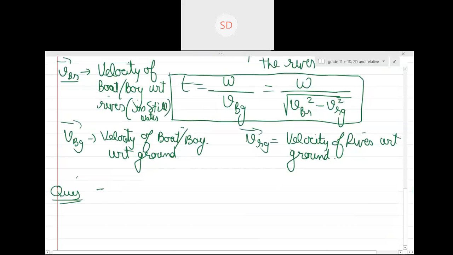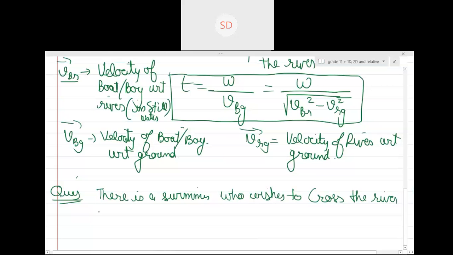The question is, if there is a swimmer who wishes to cross a river of width 500 meters in the shortest possible path.